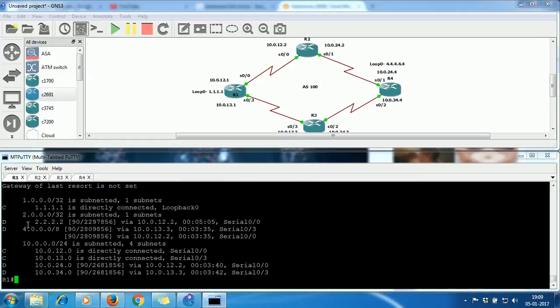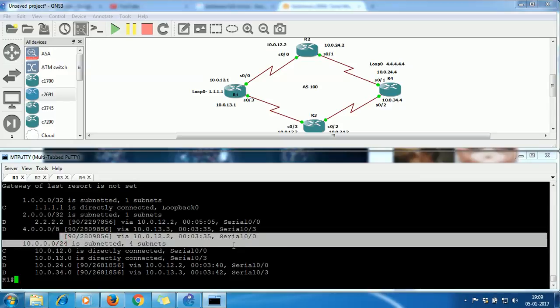Fine, and we have the 2.2.2.2 and 4.4.4.4 networks, which is the loopback of router 4, learned via router 3 and also router 2. See here, so it is going to be our primary path and it is going to be our secondary path.